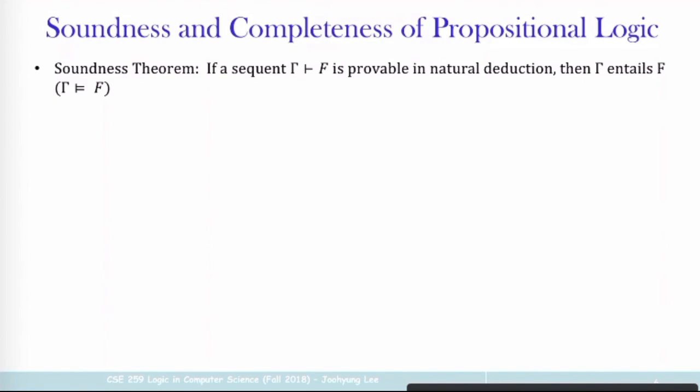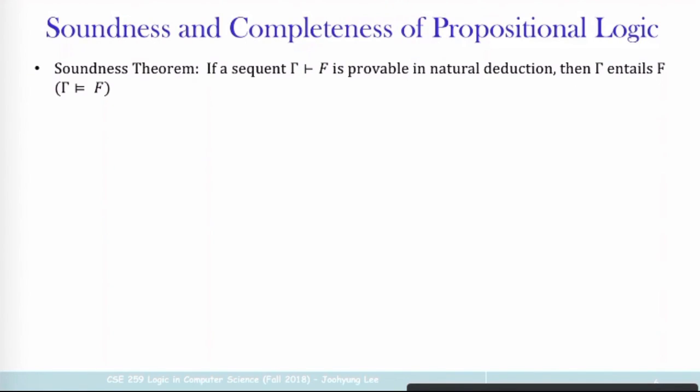Okay? So the soundness theorem means suppose you only know about natural deduction. So you can prove the sequent. Gamma is a set of premises and you derive F from gamma, using the natural deduction rules that you did in the first part of the semester. If the sequent can be proved, that's what proof theory is about. The soundness theorem is saying that if you can prove it in natural deduction, then gamma entails F in the sense of model theory.